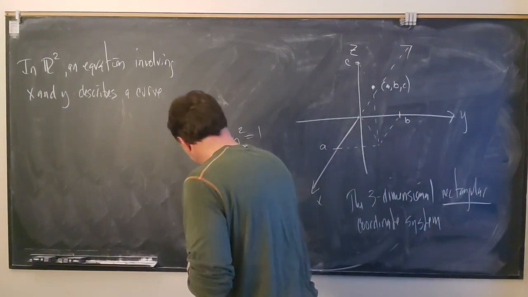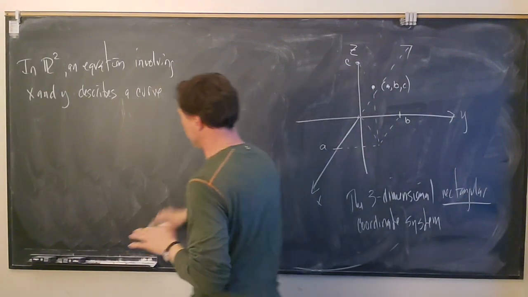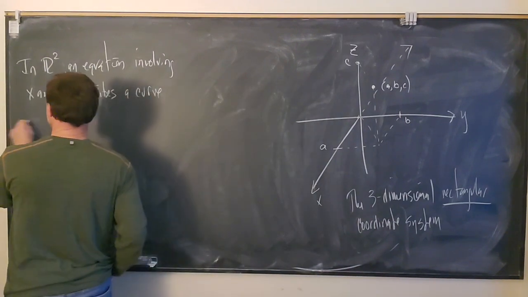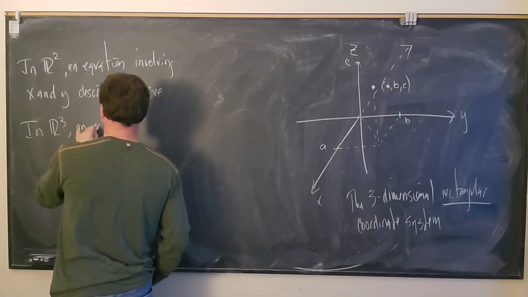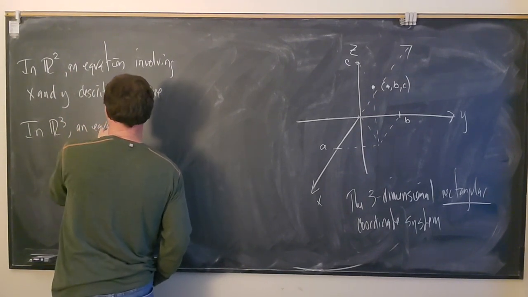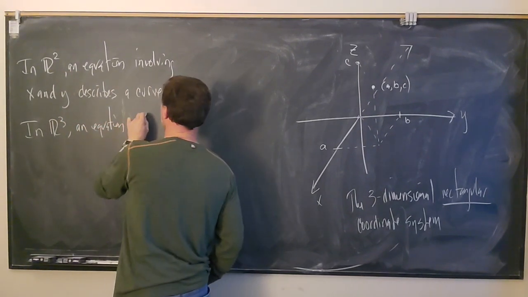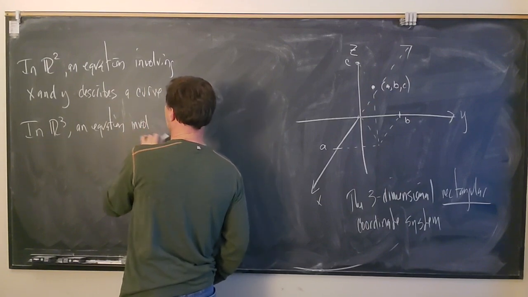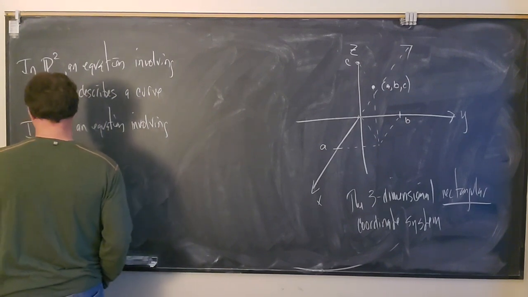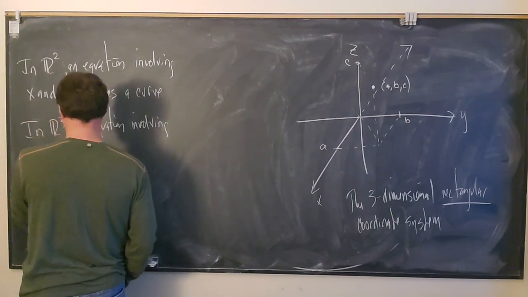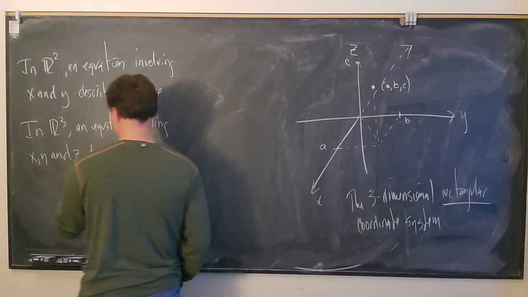So now we want to take this up 1 dimension. So in R3, an equation involving the variables x, y, and z describes what's called a surface.